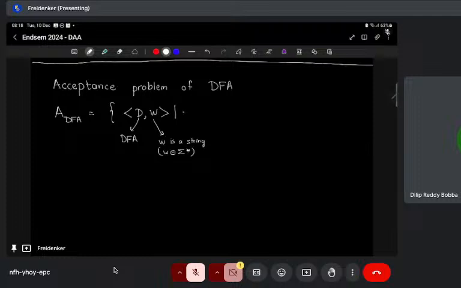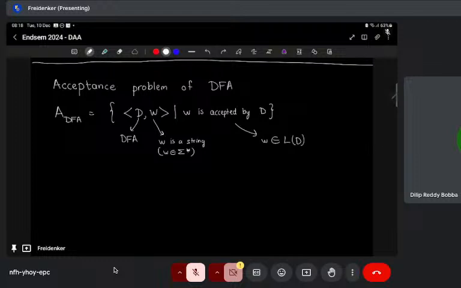The property is this one: W is a string that is accepted by the DFA D. It is accepted by D. In other words, I could also write it this way: W belongs to the language of D, because the language of D is the set of all strings accepted by D. So W must belong there. If this condition is satisfied, then I will take the tuple and put it in ADFA. So ADFA is a collection of all these tuples.